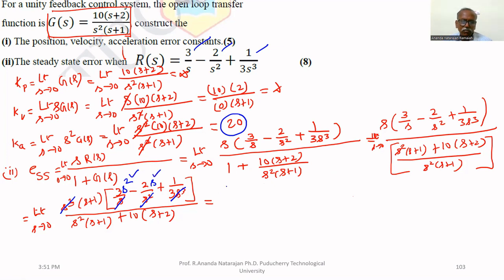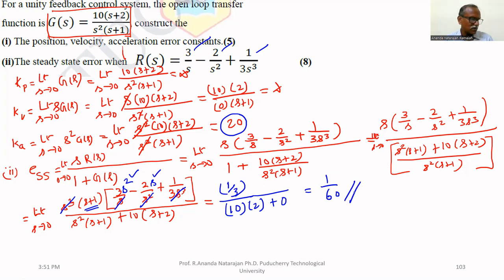This 1 by 3 will be there. This becomes 1. In the denominator, you will get 10 multiplied by 2 plus 1 plus 0 plus 0. That is equal to 1 by 3 into 1 by 20, which is 1 by 60. Therefore, steady state error is 1 by 60.